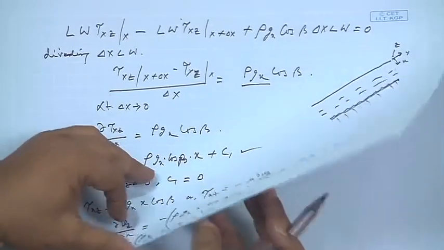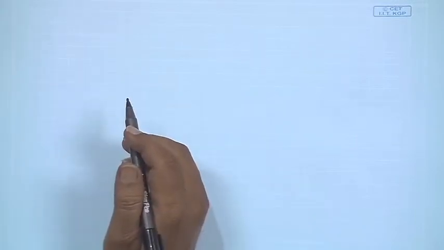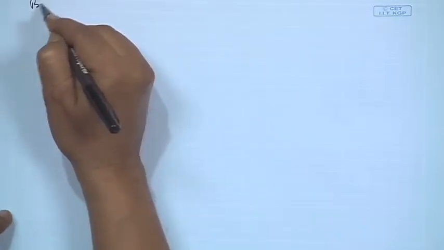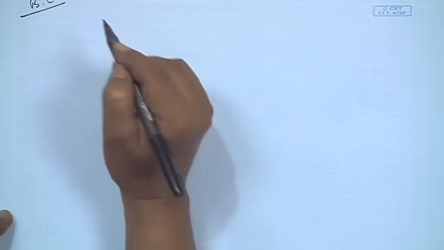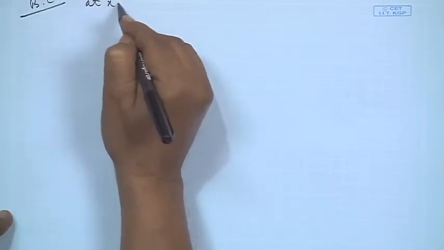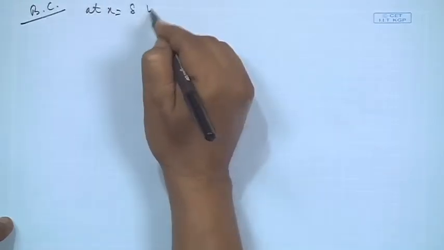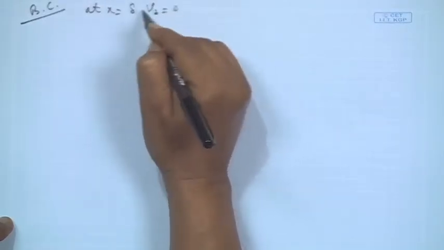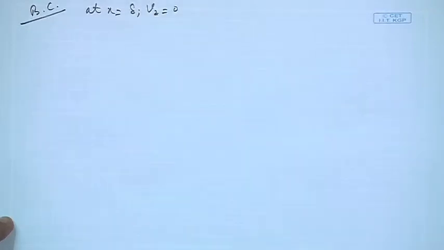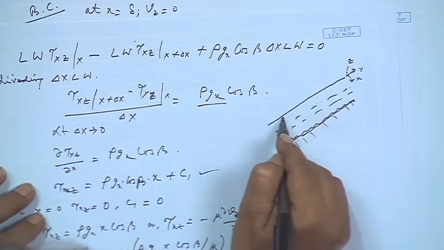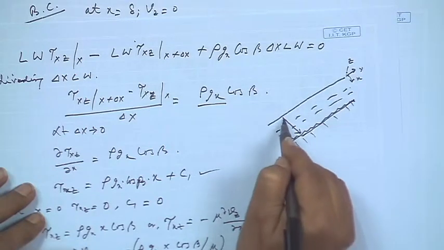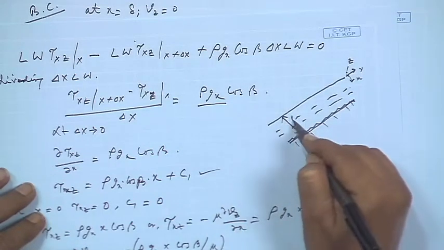If that is true, then by putting the boundary conditions at x equals delta, Vz equals 0. At x equals delta, if you remember, we had said that the thickness of this film is delta.